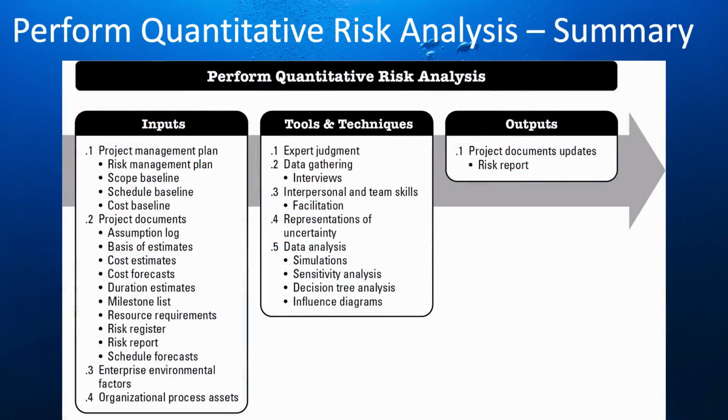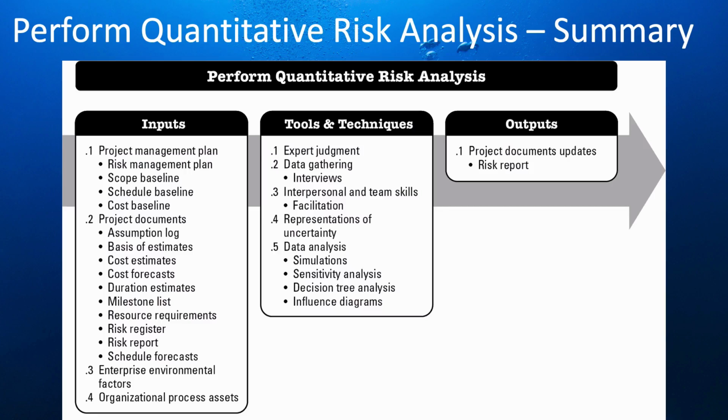And now to review, the results of your quantitative risk analysis are added to your risk report. Inputs come from all over the place, starting with the risk management plan and the project scope, schedule, and cost baselines, plus anywhere you can find information about uncertainty and ranges of estimates.